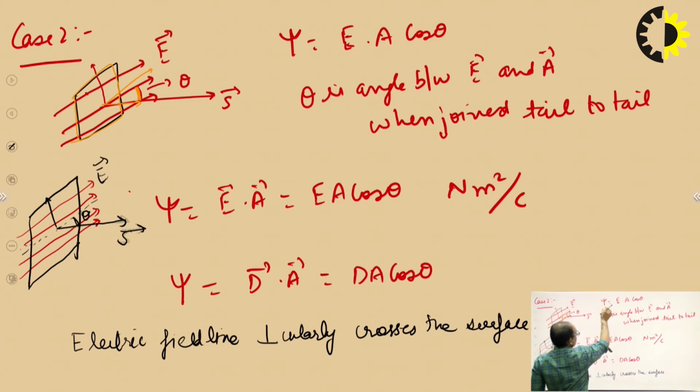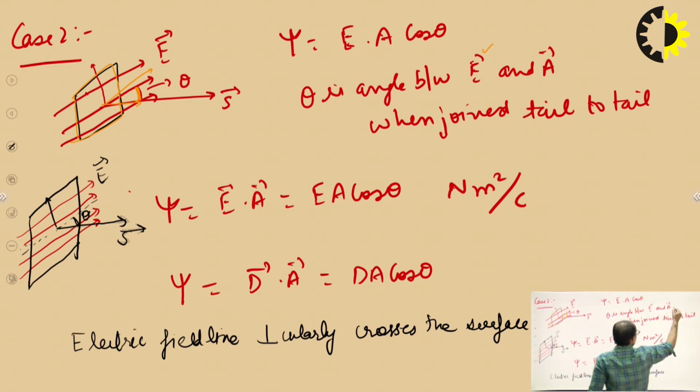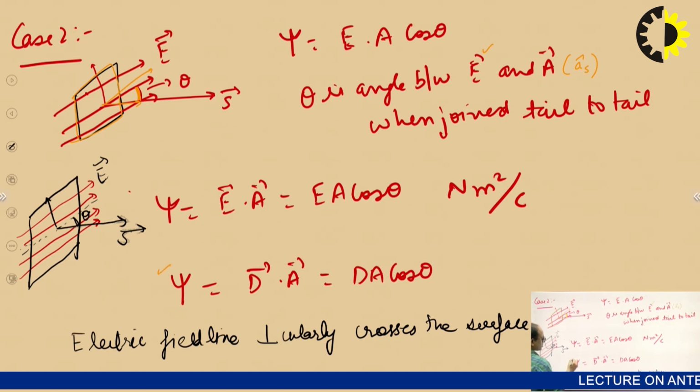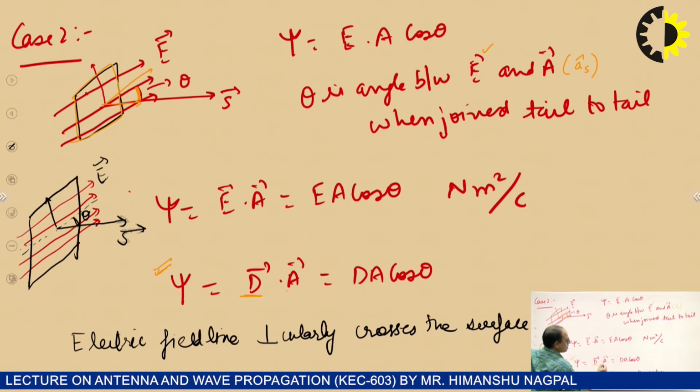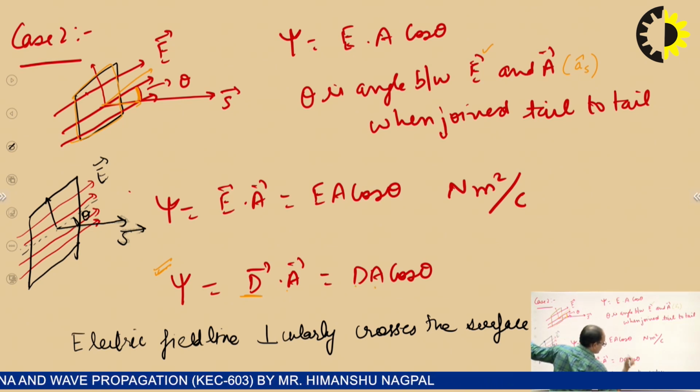So in that case psi equals E dot A, that is E A cos theta. Theta is the angle between the E vector and the A vector, that is A cap S, when joined tail to tail. Clear? So we can also say that if I consider the permittivity, the total flux passing through this is the electric flux density multiplied by area, that is D A cos theta.